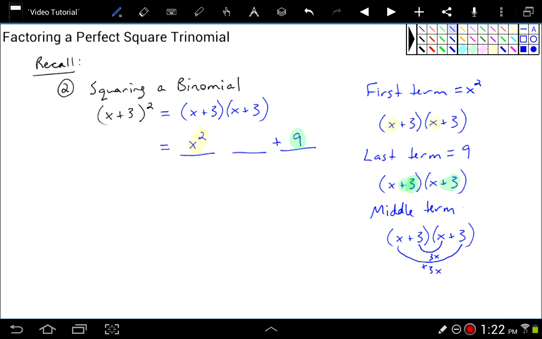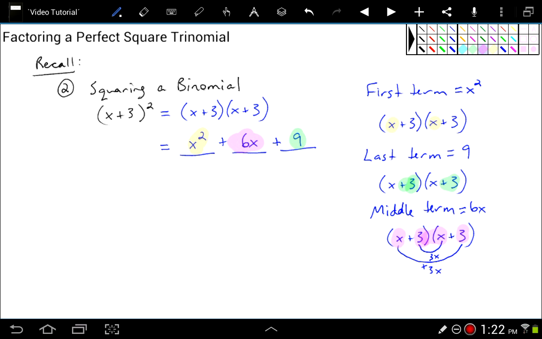So that's going to give us 6x. That one is a combination of the inside pieces with the outside pieces. And so that's going to give us positive 6x in the middle.